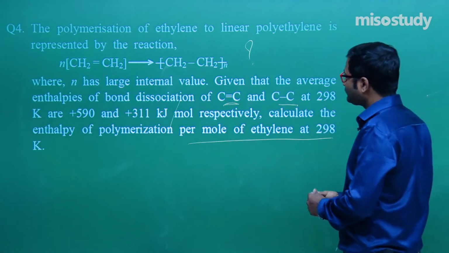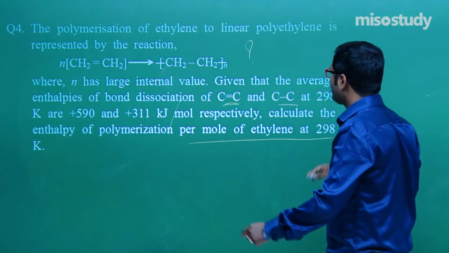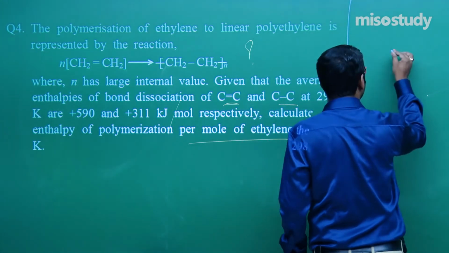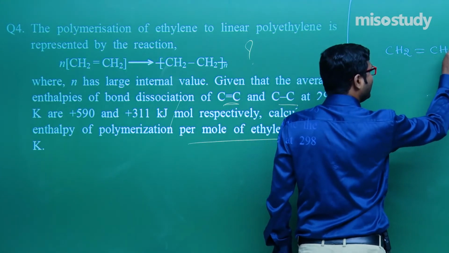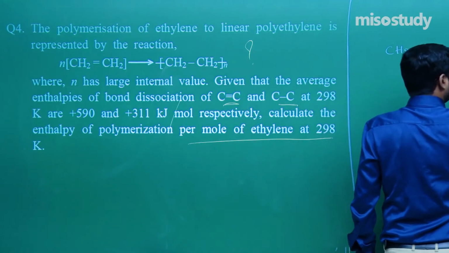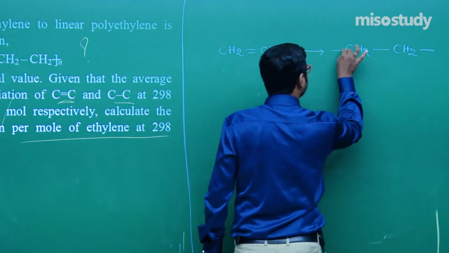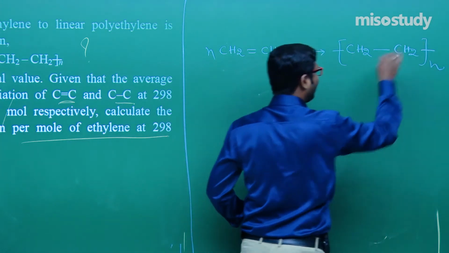Now look, here n mole of ethene gives polythene. How to solve such a question? Look, per mole is given, that is, if I take 1 mole of ethene like this, then it will break like this. Clear? This is the representation. Check it out. Am I right?